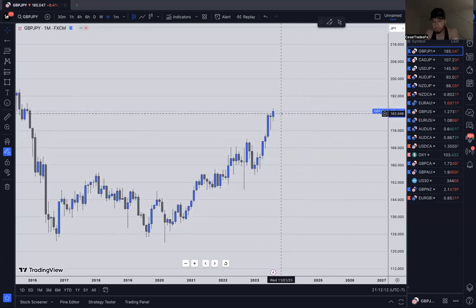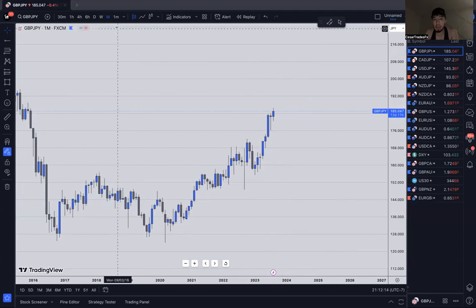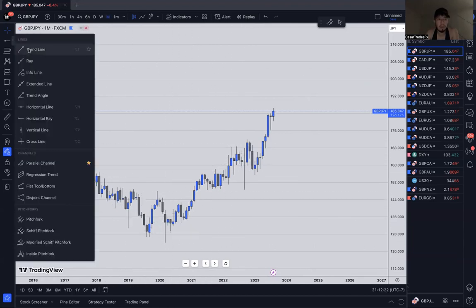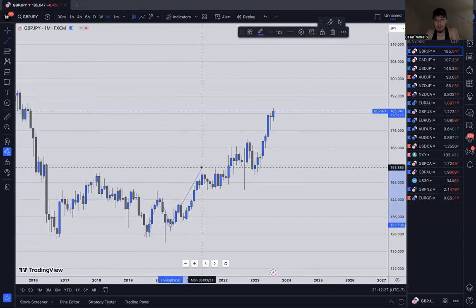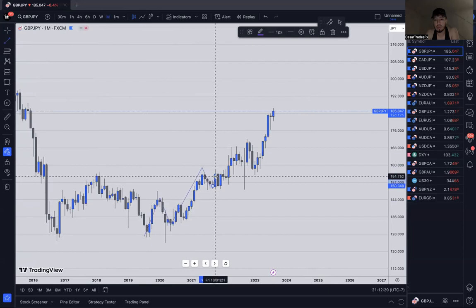By that I mean, as you guys can see here, I'm on the monthly time frame. Simple, we're in an uptrend. You guys can see that we're making higher highs, higher lows, higher highs, higher lows, higher highs.